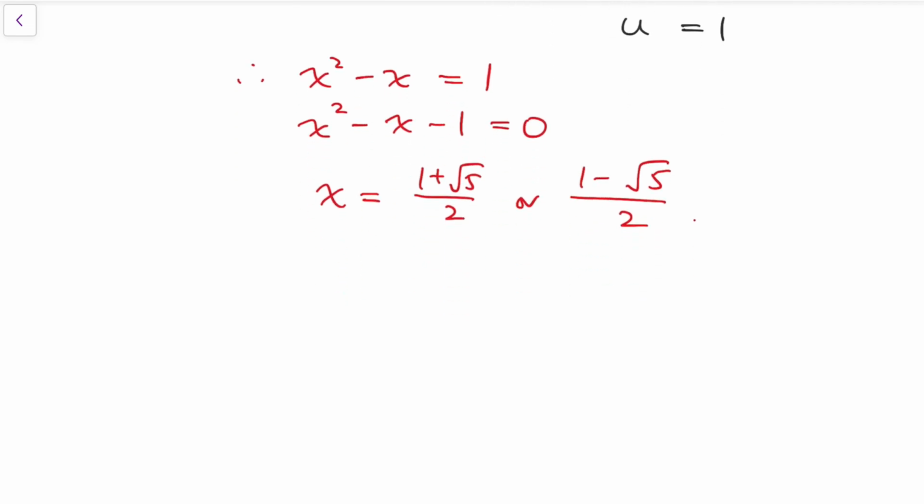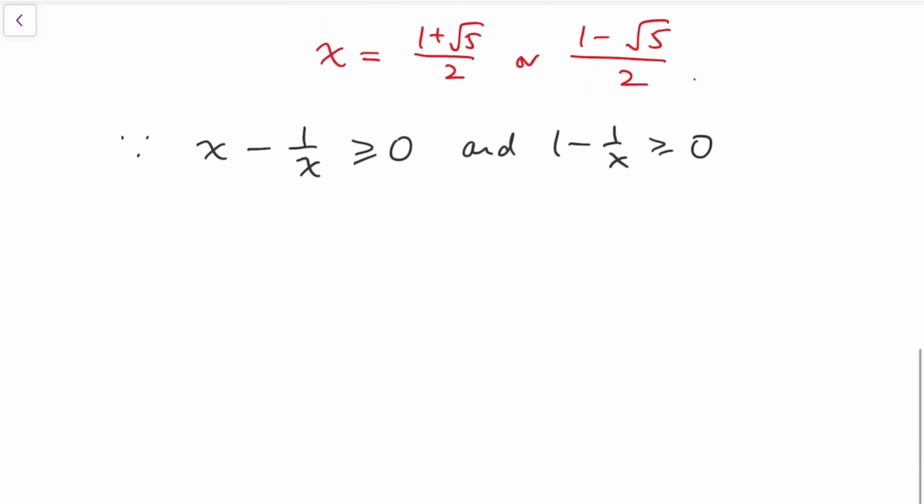In fact, for our equation, we need to make sure that the expression inside the radical sign under different solutions remains positive. Or of course it can be 0, but they can only be 0 when x equals 1, so we can just ignore it.